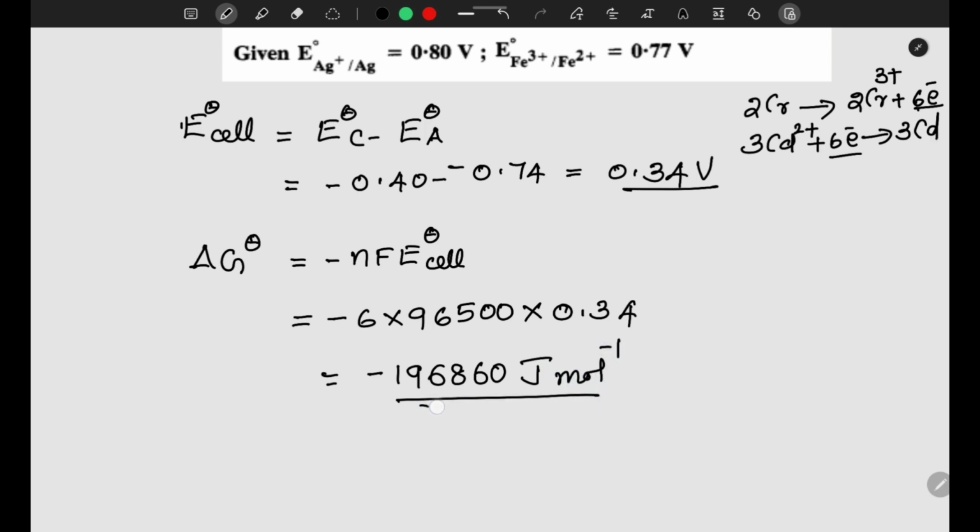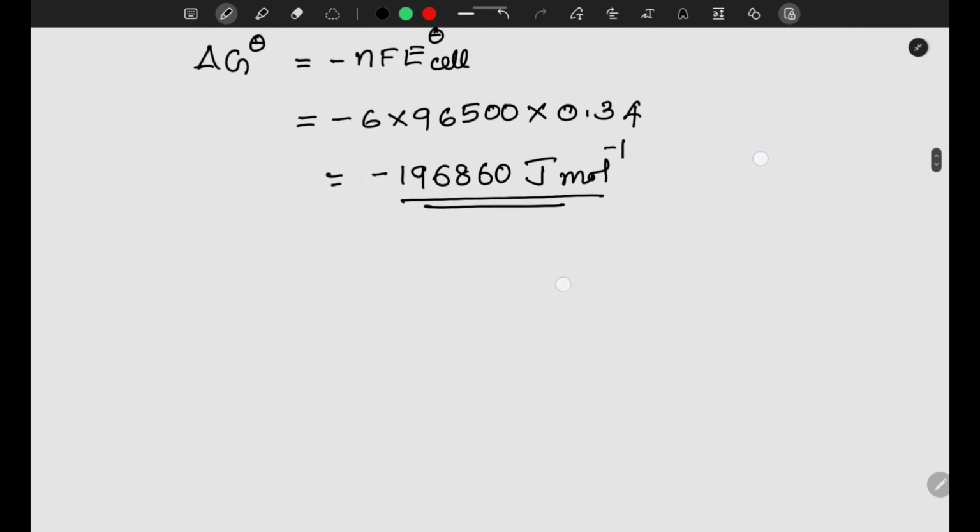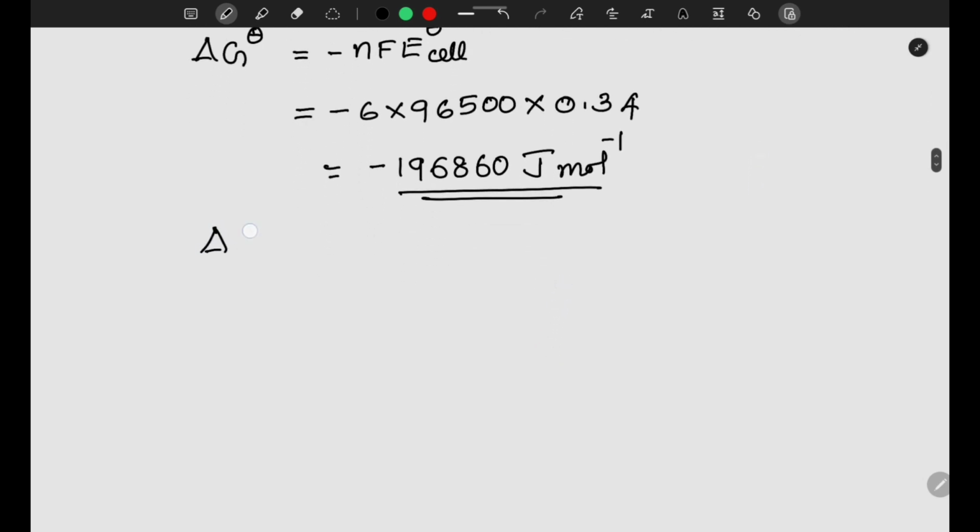Now let us calculate the equilibrium constant. Delta G naught is equal to minus 2.303 RT log K, or RT log Kc. So here K is the equilibrium constant. So let us substitute the values.